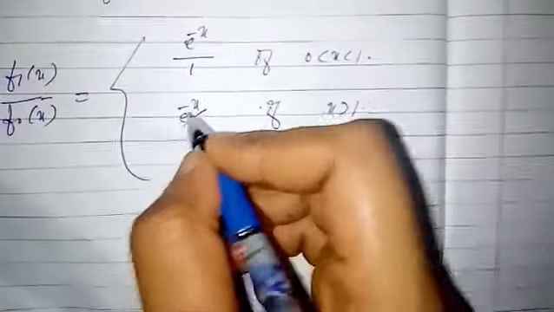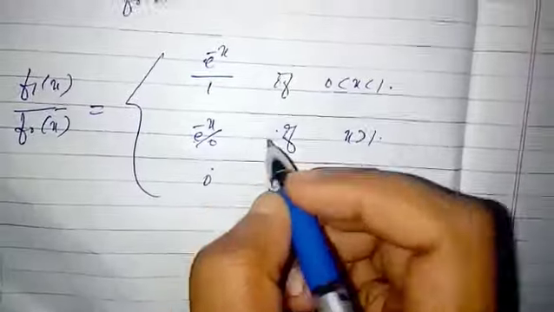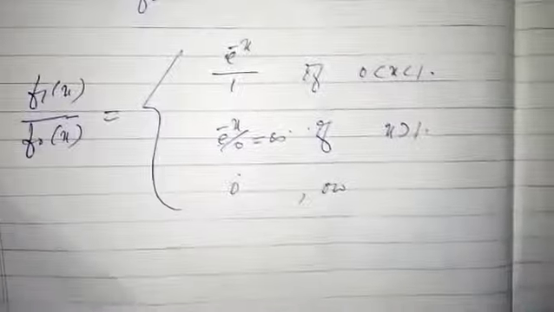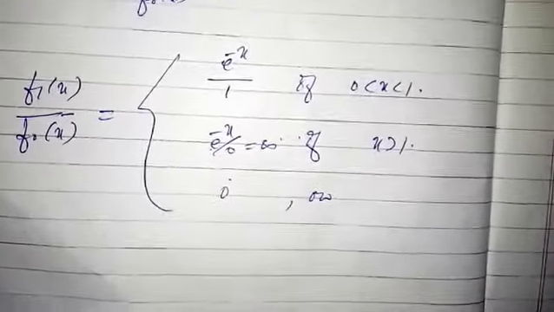What is e power minus x divided by 0? That is infinite. So this is the ratio.